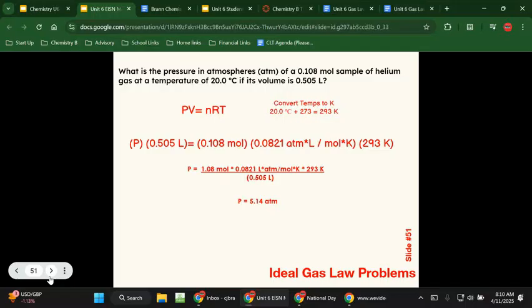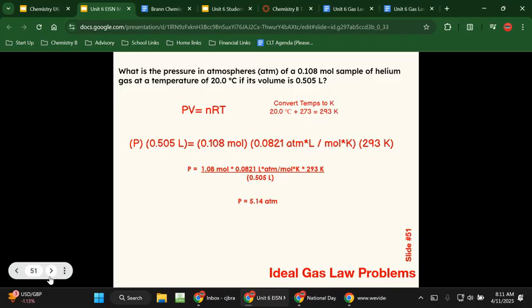So now we can handle a problem if there are only two variables. We can handle a problem if there are three variables. And now, ladies and gentlemen, we can handle a problem if there are four variables. If they give us three of the four, we can find the fourth. But the way we're doing it is we are comparing it back to what are called standard conditions.